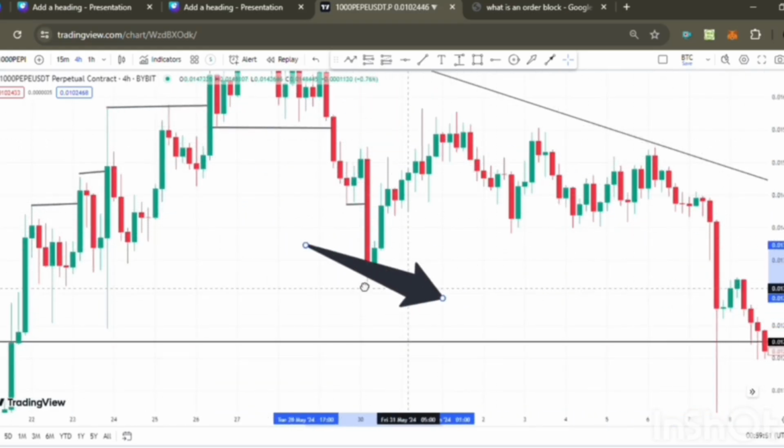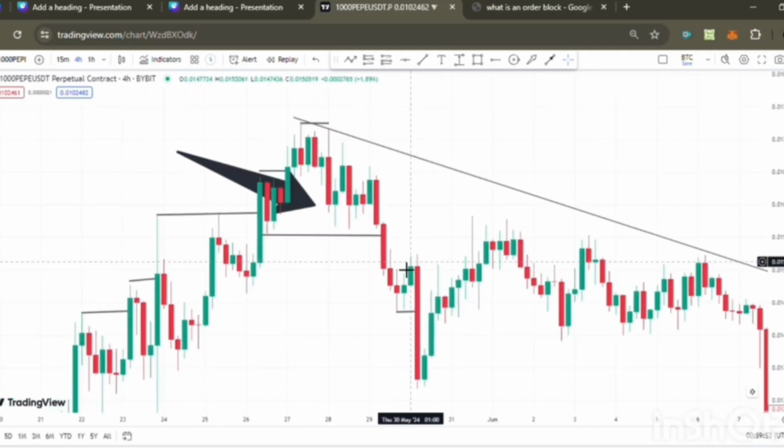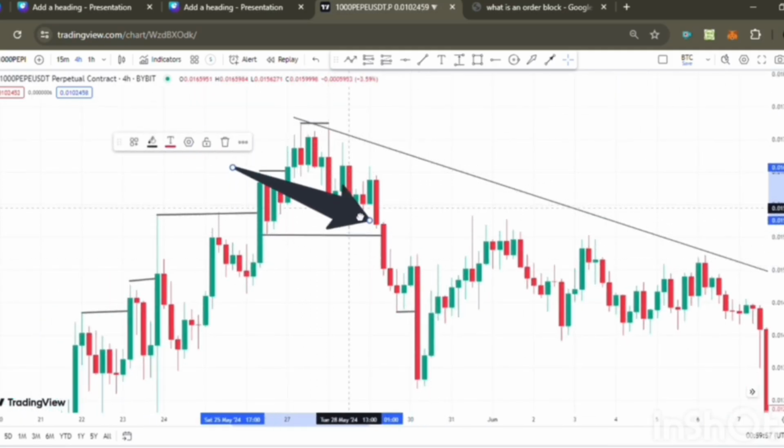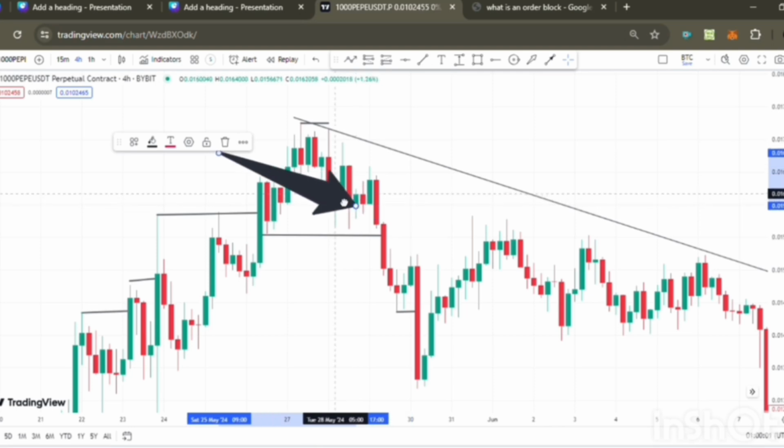Now at this point, this is where we might look for a trading opportunity using order block. What happened here?